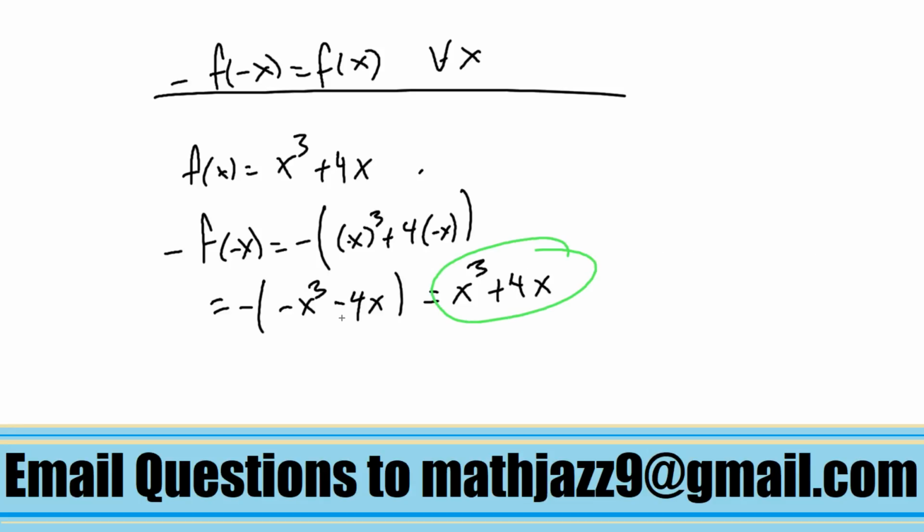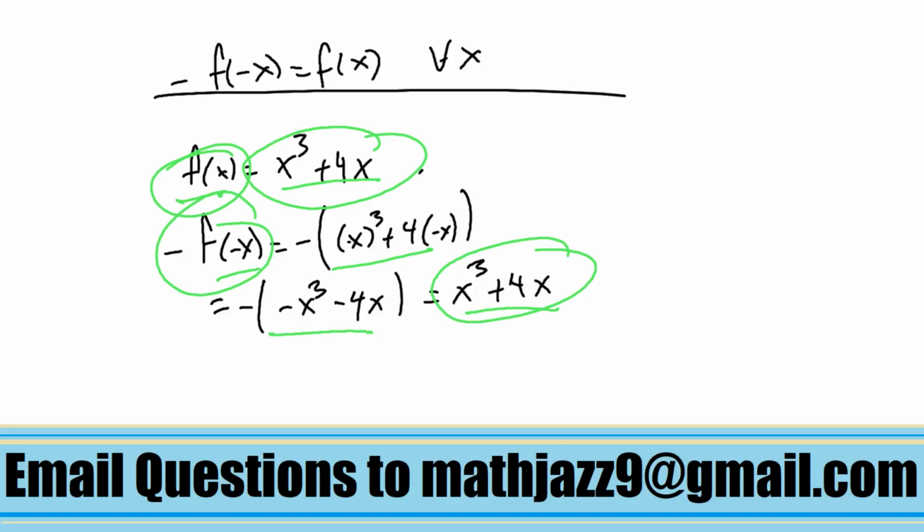And this is that. So since these two things are equal to each other, and since we didn't plug in a specific value of x, they're equal for all x. So f of x equals negative f of negative x for all x. This is an odd function.